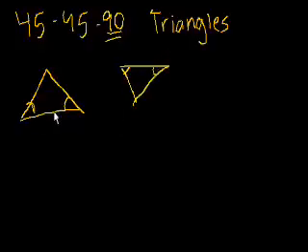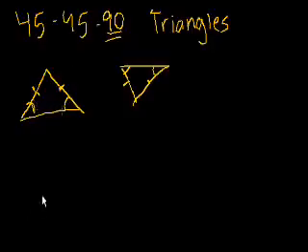If these two angles are equal, then the sides that they don't share are going to be equal. So what's interesting about a 45-45-90 triangle is that it is a right triangle that has this property.